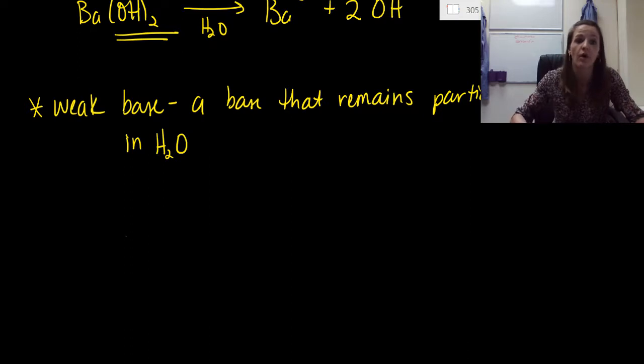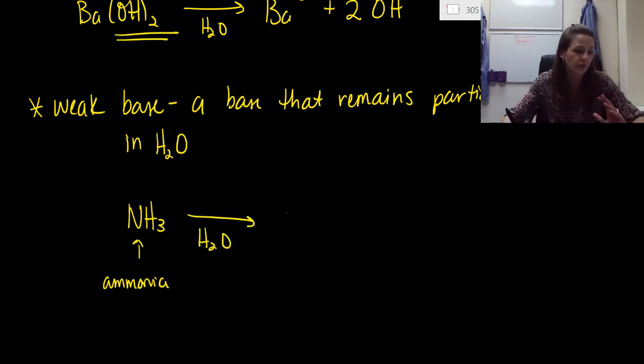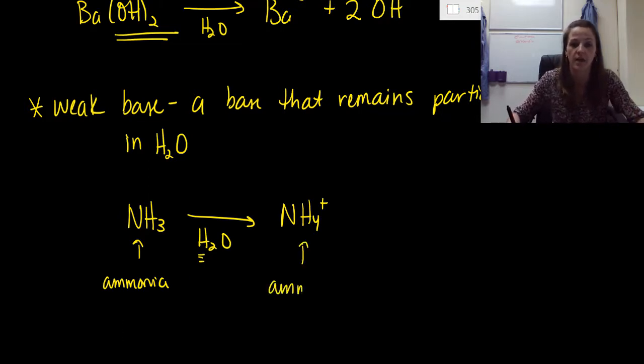So, for example, one of our most common weak bases is ammonia. We see this all the time. It's used in cleaning supplies, but ammonia is one of the best bases that we see, and it's very common. And so what happens when you put ammonia in water, something really neat happens. Your NH3 ends up actually stealing one of the hydrogens that are on water, and you end up getting your ammonium ion, which is another polyatomic ion.